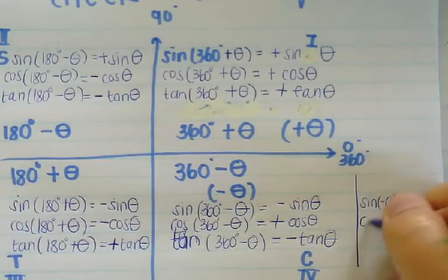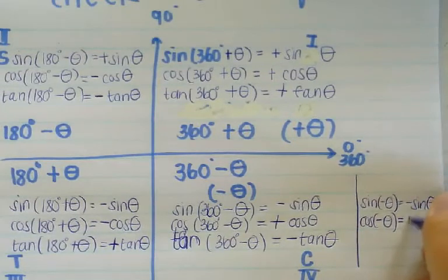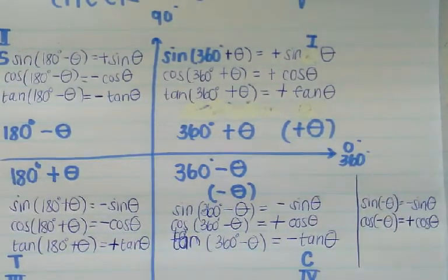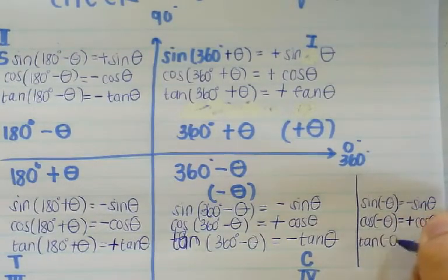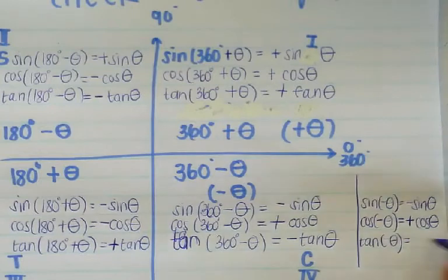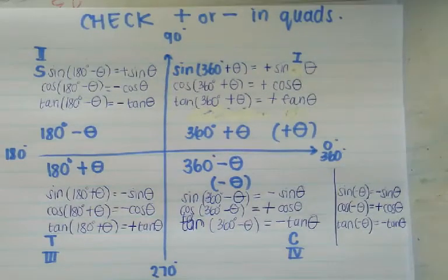We can have cos negative theta, but because cos is positive, when we take it out, it becomes positive cos. And tan negative theta, when it takes it out, because tan is negative, it is also negative in that quadrant. So that pretty much sums up most of what we've learned so far about trig.